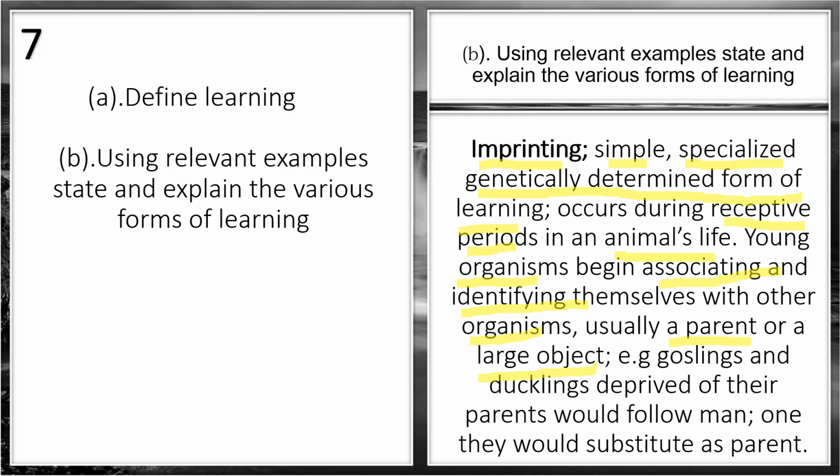For example, goslings and ducklings, deprived of their parents, would follow man, whom they would substitute as parent.